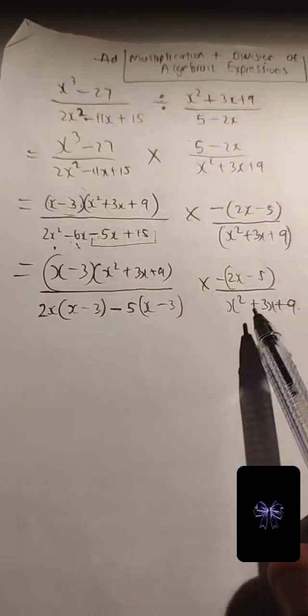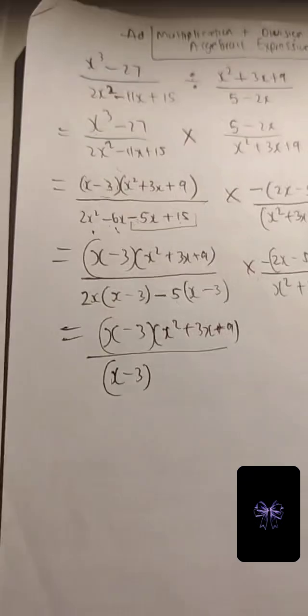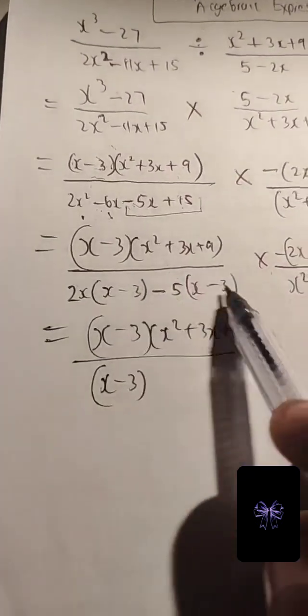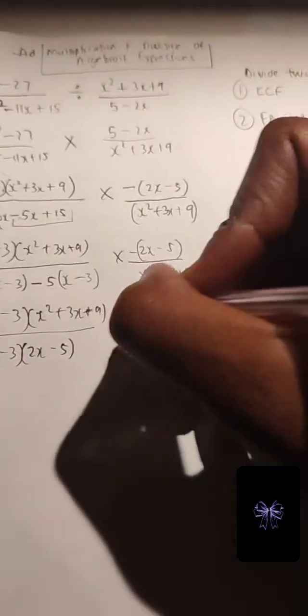Yeah, we definitely can. But let's just finish off that factorization at the bottom, so that we can do the cancellation all at once with everything factorized. So finally, we have a common bracket, x minus 3, because that's the common bracket that we take out. We are left with 2x minus 5. Done, finished. Factorization has been completed.